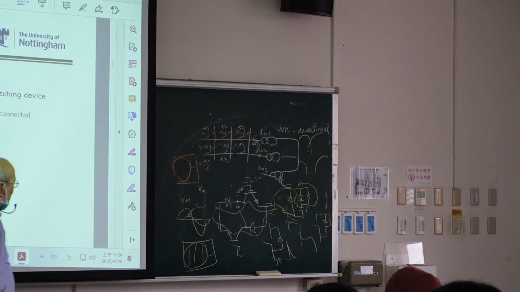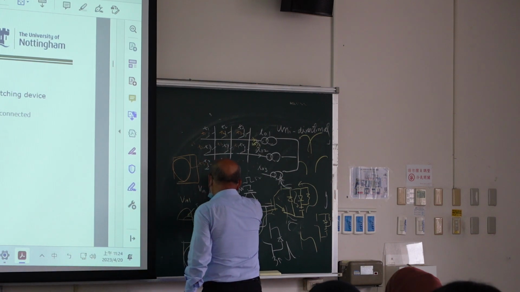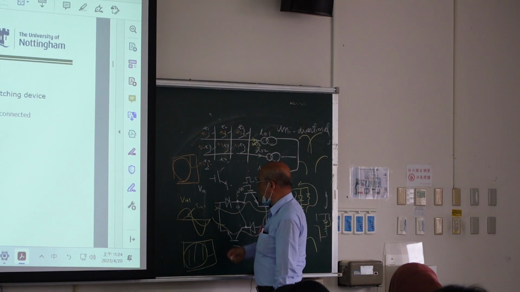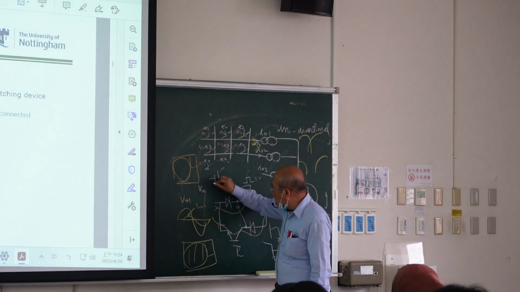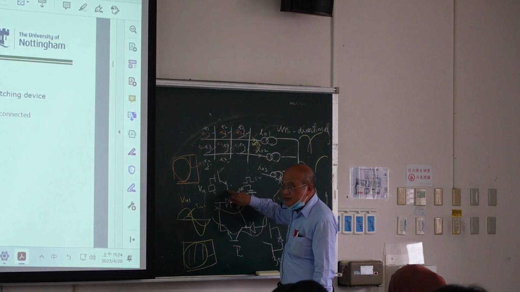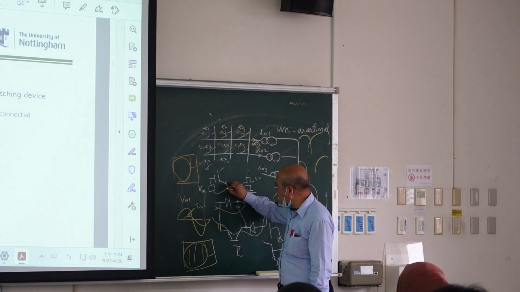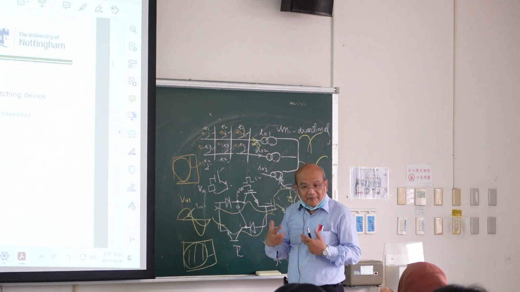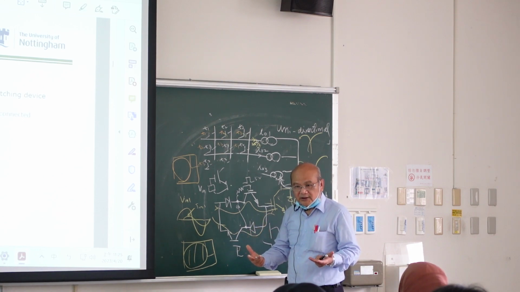If you have a gating signal, which one is your reference? For your gating signal, you have to take this one or this one. Should be this one, right? So you should do common emitter or common collector.